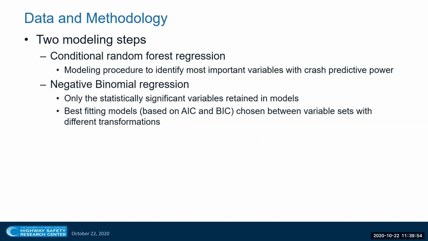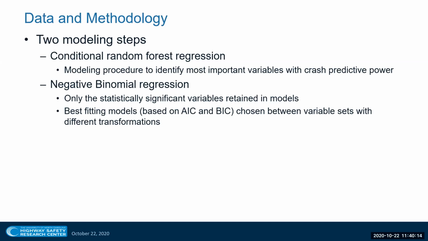And we use two steps because we have so many variables. We use an approach similar to data mining that is a regression analysis that helps us identify those variables that might be most useful to use in crash prediction.